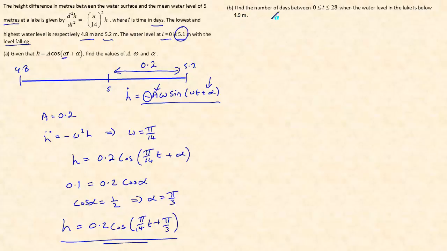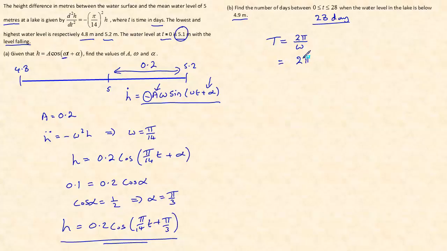We want to now find the number of days between 0 and 28 when the water level in the lake is below 4.9 meters. So that's in a 28-day period. How many days in total is it below 4.9? I might be interested in the period here. So we know that that's 2π by, in this case we called the constant omega.